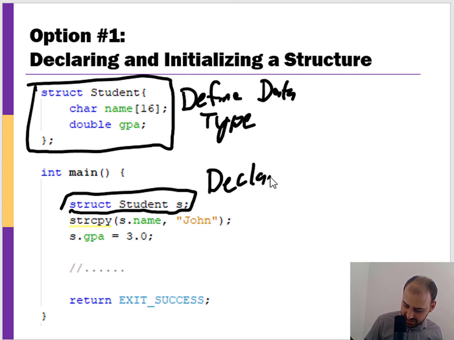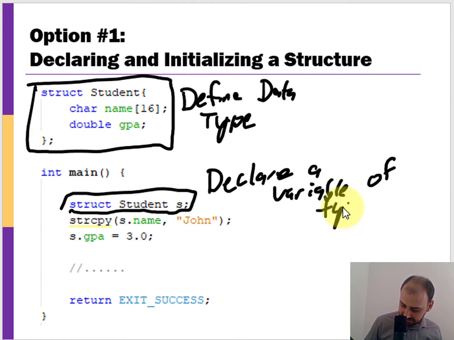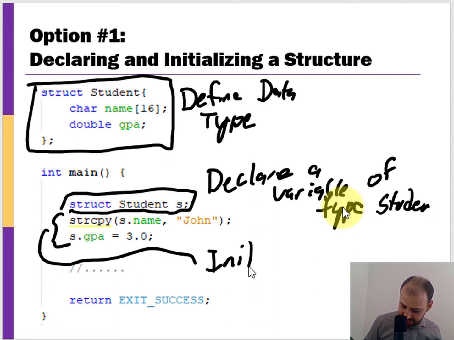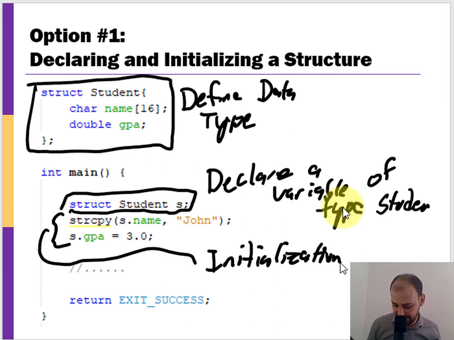Here's where we declare a variable of that type. And then these lines are doing the initialization.